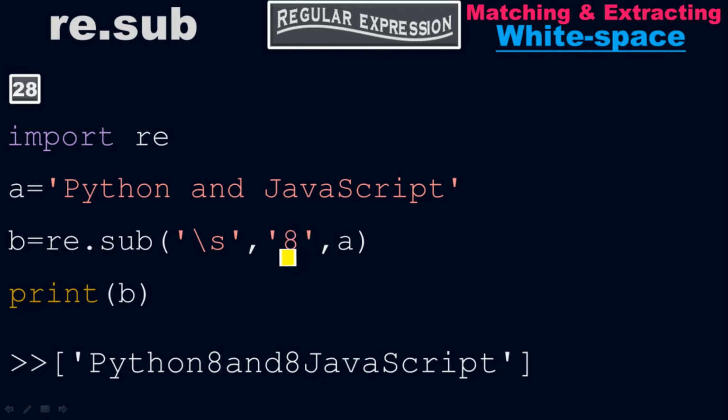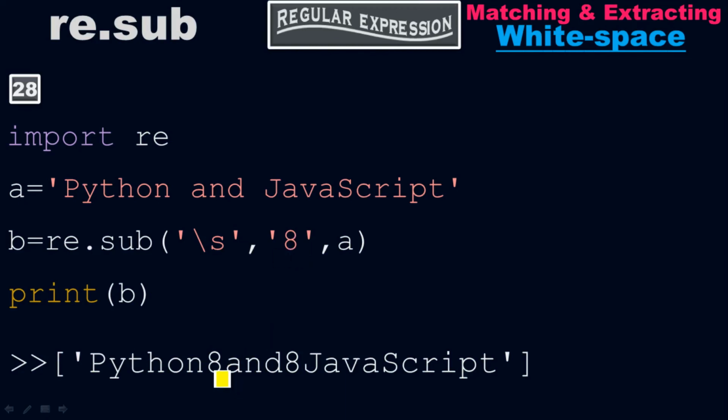Since I have 8 here, therefore I will have 8 at the white spaces. I have one white space between Python and and, so this 8 comes between Python and and at this white space place. The second white space is between and and JavaScript, so the second 8 will come here between and and JavaScript. I have substituted at the place of white space, here and here. Whatever thing you put inside the quotes, it will be placed at the place of the white space.